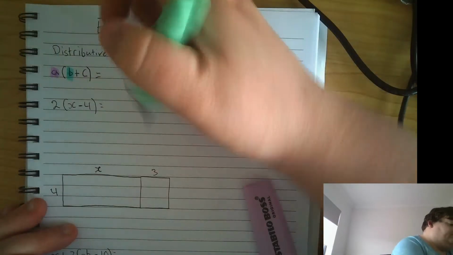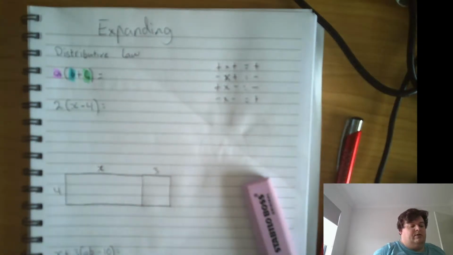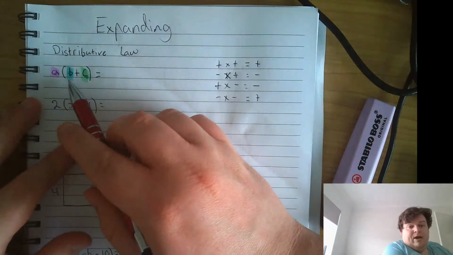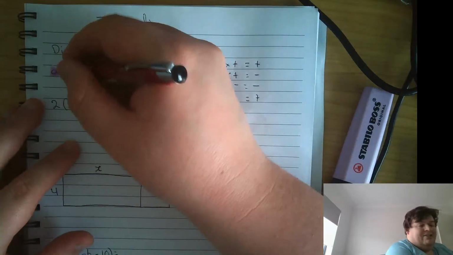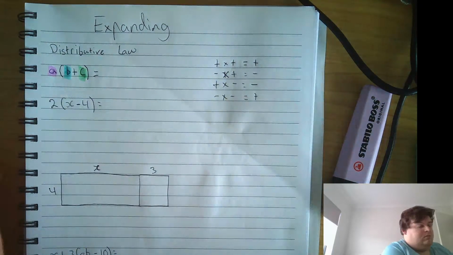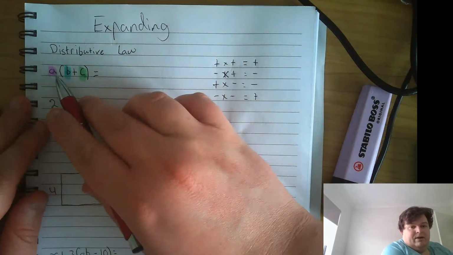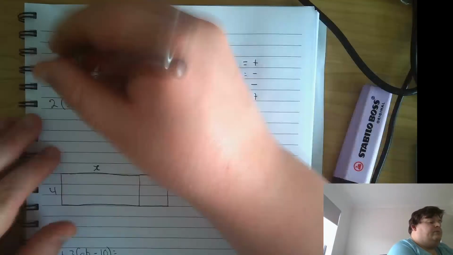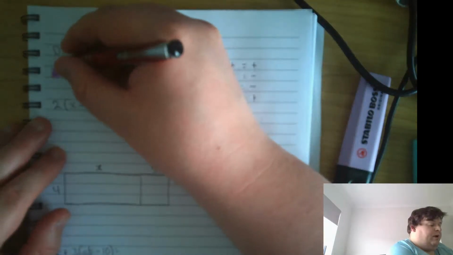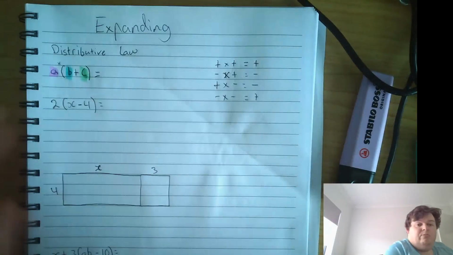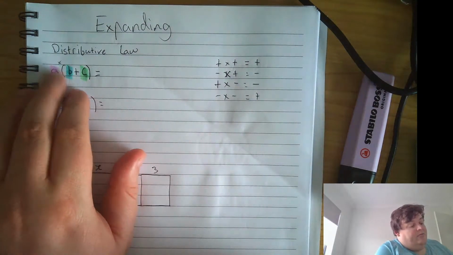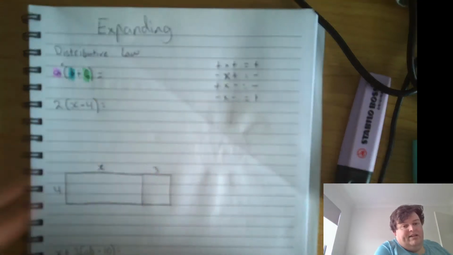Now the process of distributing a value only occurs when you have a value outside of the brackets and there is not a plus or minus sign in between them. So there's no plus or minus sign in there, which means, as you should know from all of our other algebraic practice, that there's a little multiplication sign in there. So we're saying that A is multiplied by whatever B plus C is.